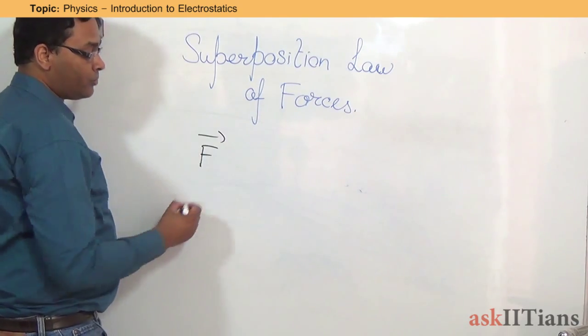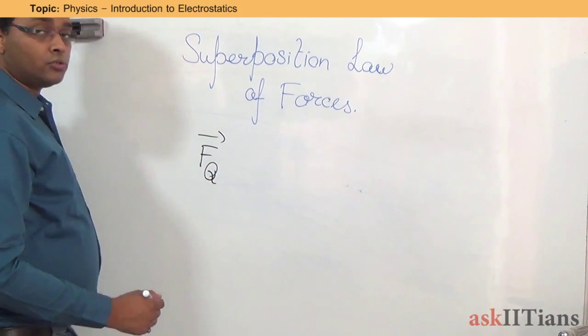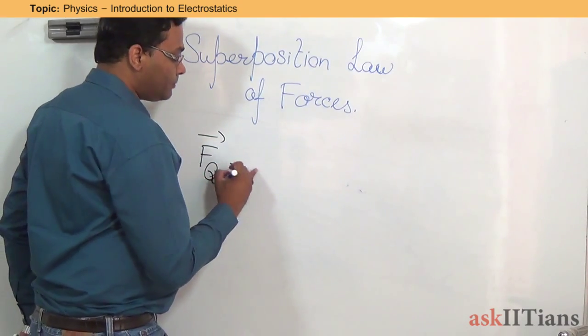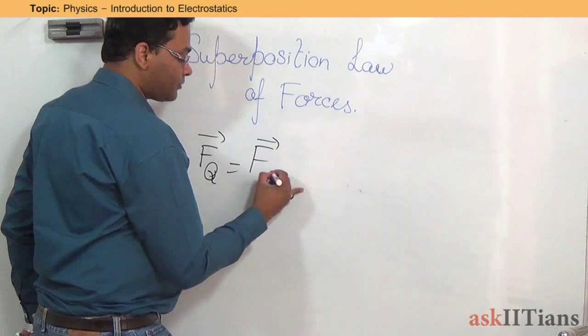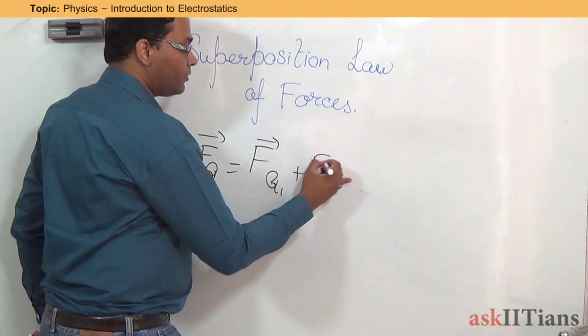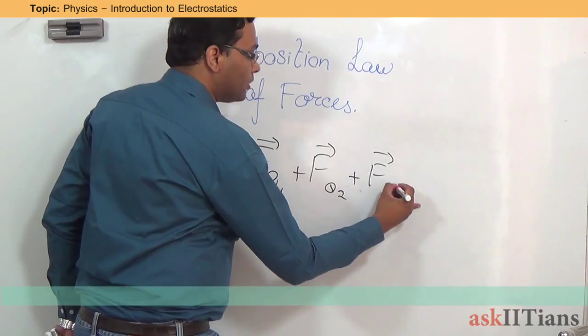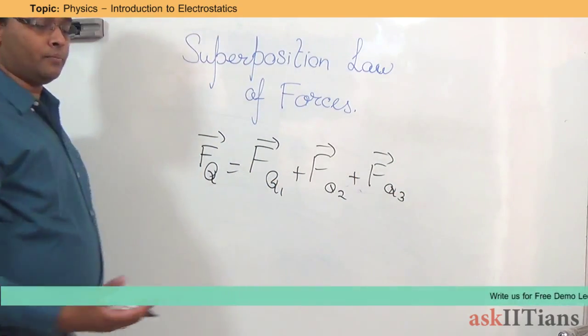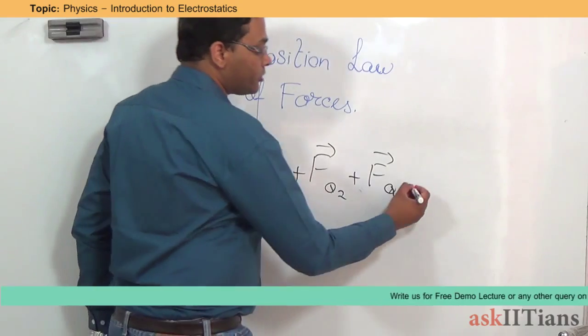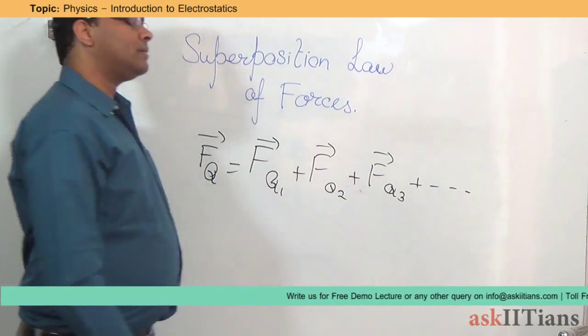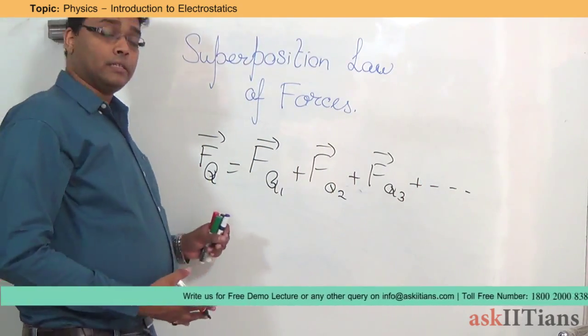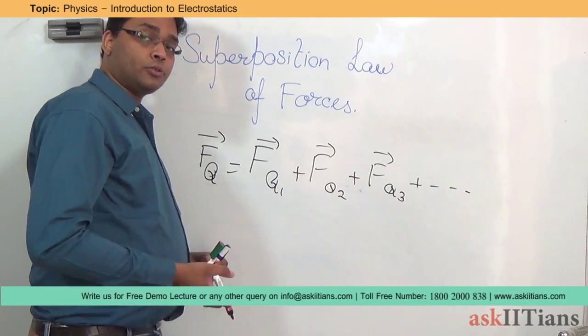So the total force acting on a particular charge Q is going to be given by the force from another charge Q1, force from another charge Q2, force from another charge Q3, and so on. So it's going to be a vector sum, right? It's not going to be that easy to solve further. So this is what is known as the superposition law of forces.